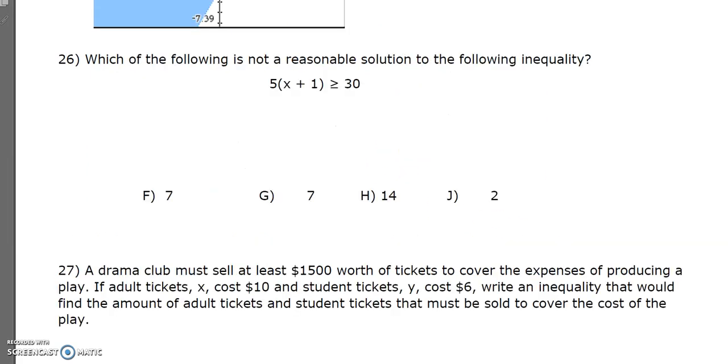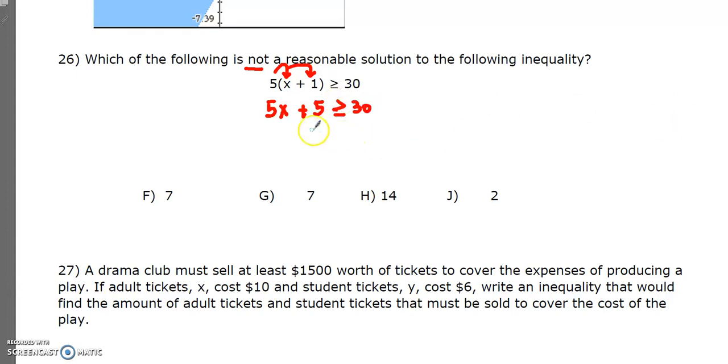Okay, number 26 says, which of the following is not a reasonable solution to the following inequality? So in order to figure that out, I need to go ahead and simplify this. So I am going to distribute to eliminate parentheses. So I will have 5x plus 5 greater than or equal to 30.